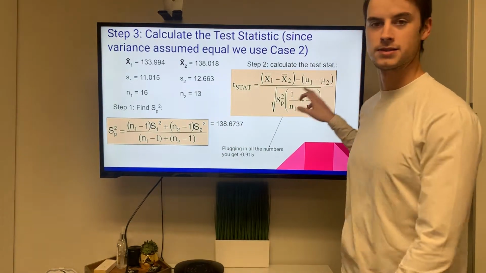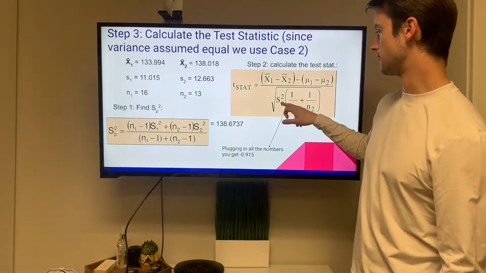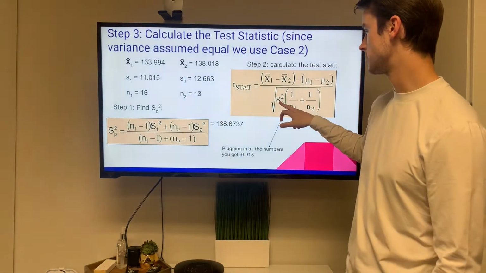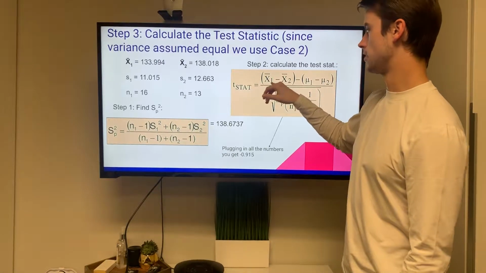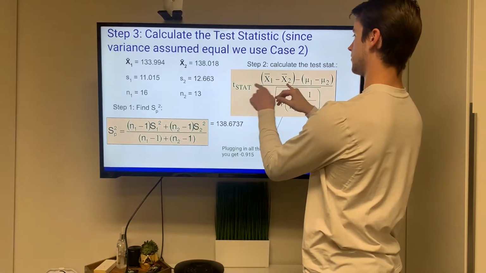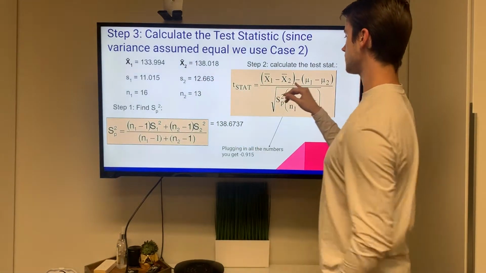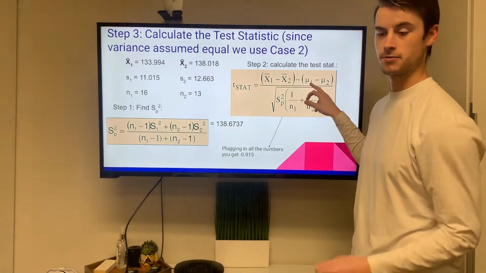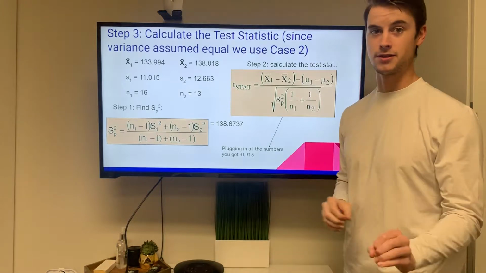Step two, we calculate the test statistic. So we plug the pooled variance in for this variable here. So 138.6737 goes here. We take x bar, the first sample mean, 133.994, and subtract 138.018. And again, minus our magnitude, so mean one minus mean two. If you go back to step one, our magnitude was 0.